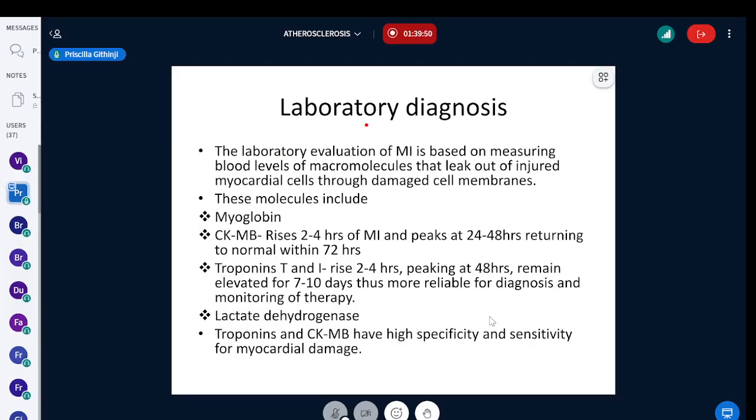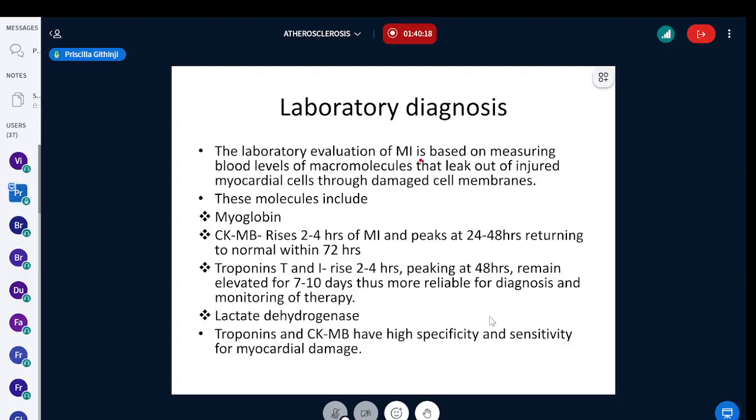Then you have laboratory diagnosis, which is very important, and it has to be timely because we've said early diagnosis and treatment can reverse the effects of the ischemia. So laboratory evaluation of the myocardial infarction is usually based on measuring blood levels of macromolecules that leak out of injured cardiac cells through damaged cell membranes.